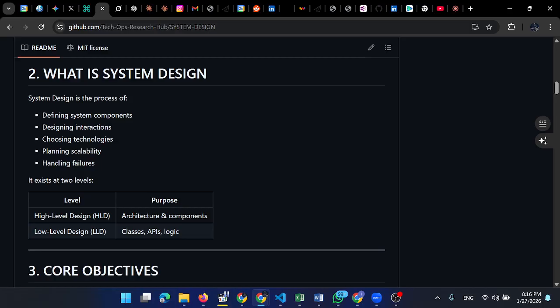So we have the high level design, then we have the low level design. For the low level design, here we're looking at things to do with classes, APIs, logic. And you realize most of the MVPs that we get to create, MVPs basically means minimum viable products, they have classes, APIs, logic, but at a low level design.